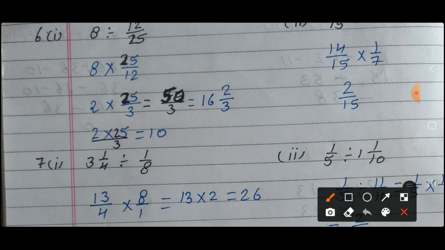Come to question 7, 3 whole 1 upon 4 divided by 1 upon 8. First of all, we have to convert this mixed fraction into an improper fraction. 3 whole 1 upon 4: 4 multiplied by 3, 12 plus 1, 13 upon 4. This is the improper form.